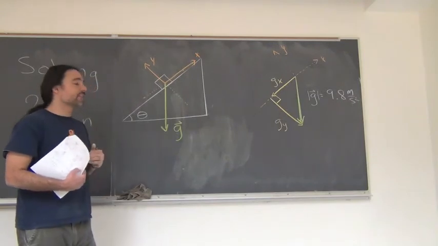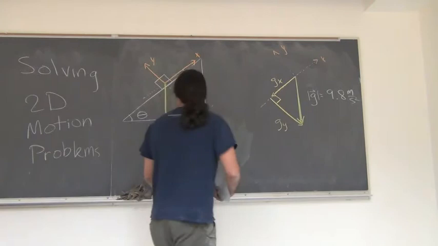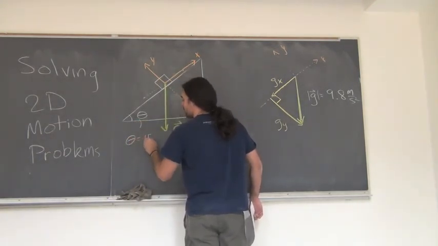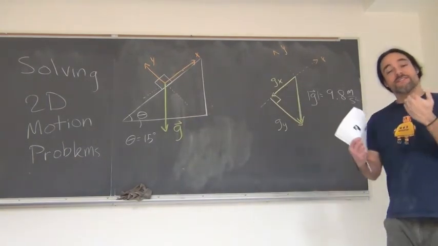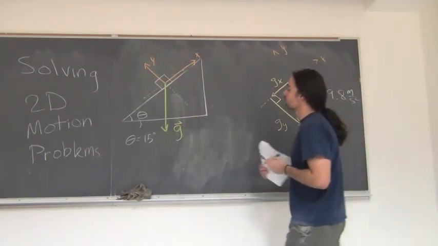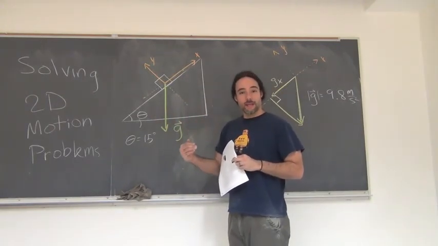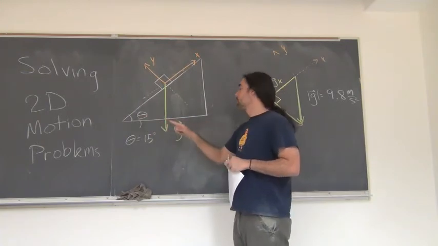To do that, we have to figure out what each of these angles are. So we said before that theta was 15 degrees. If theta is 15 degrees, I know that the sums of all the angles of a triangle have to add up to 180 degrees. That's 15.